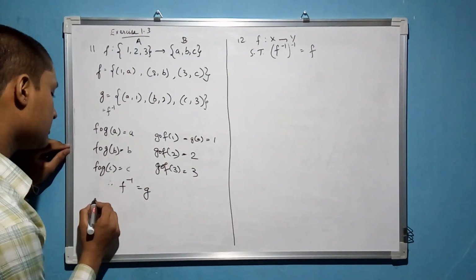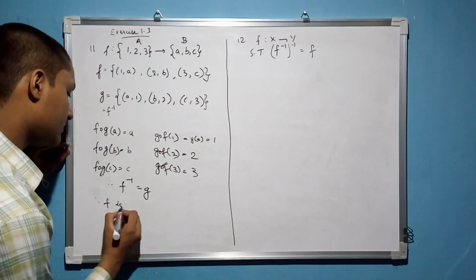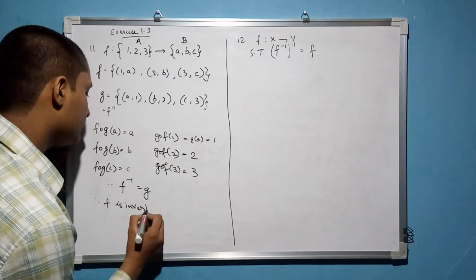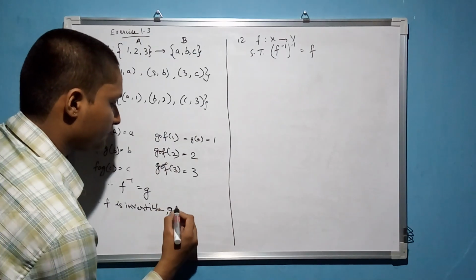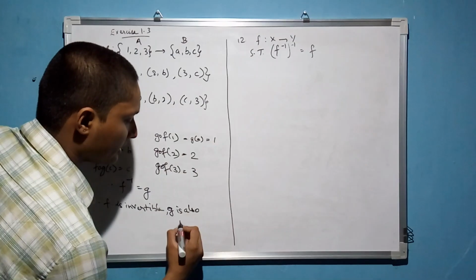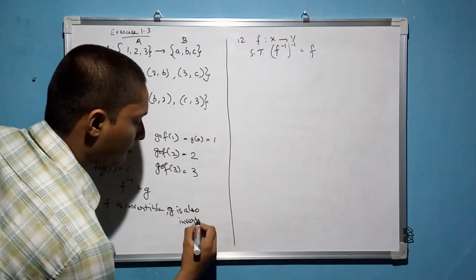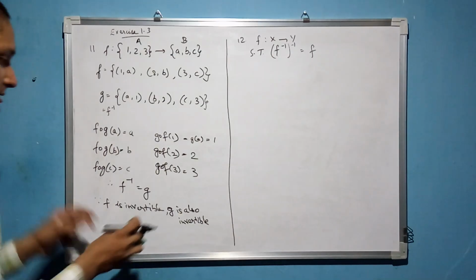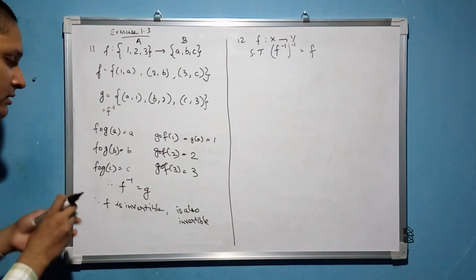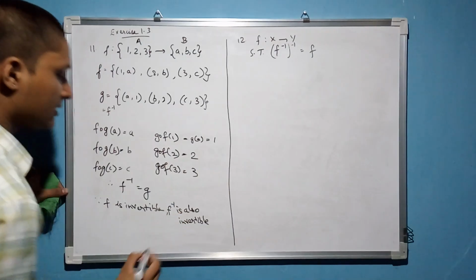Since f is invertible, g is also invertible. By g, I mean f inverse. So f inverse is also invertible.